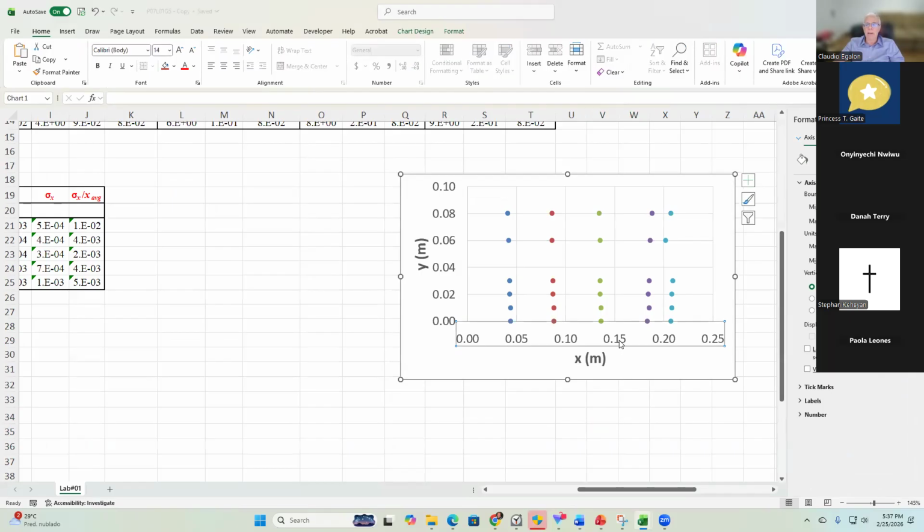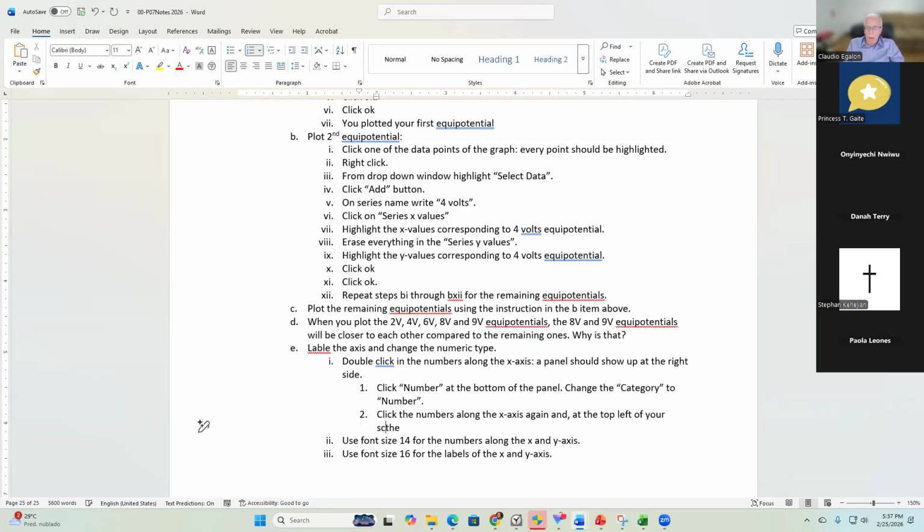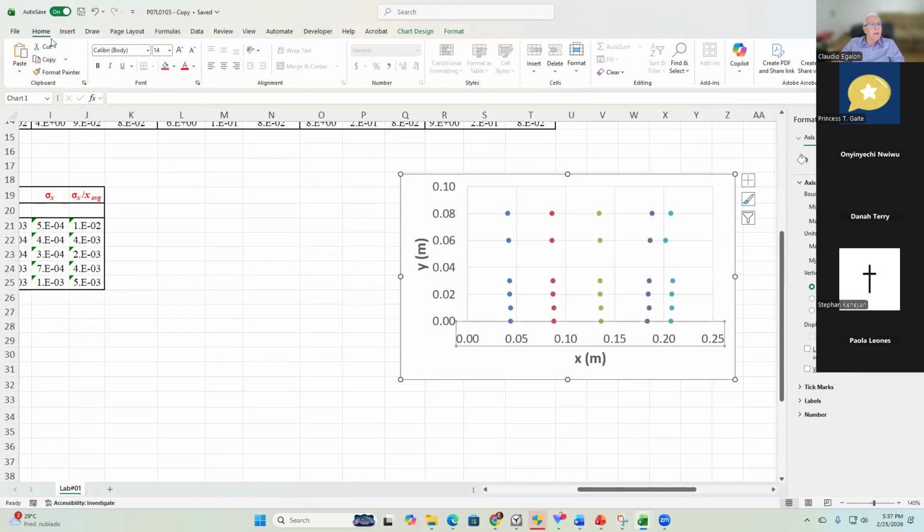Click the numbers along the x-axis again, and at the top left of your screen, select home, right?